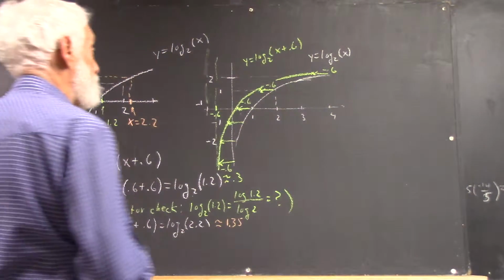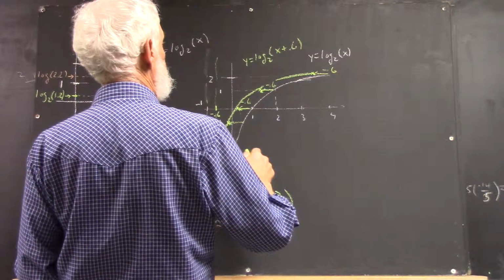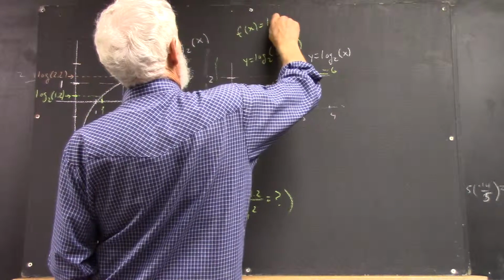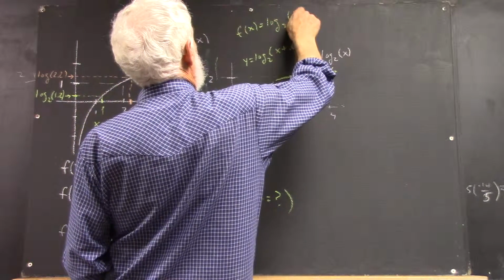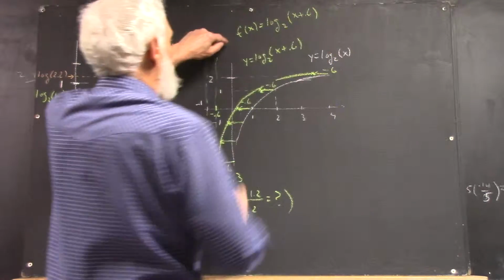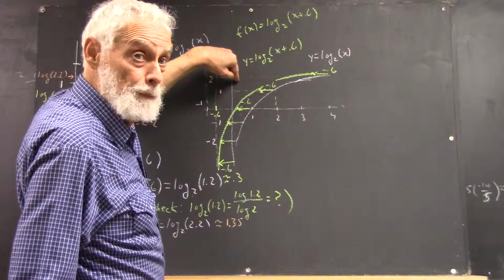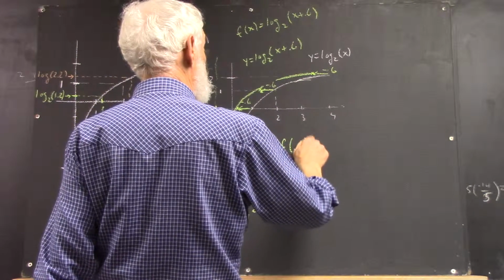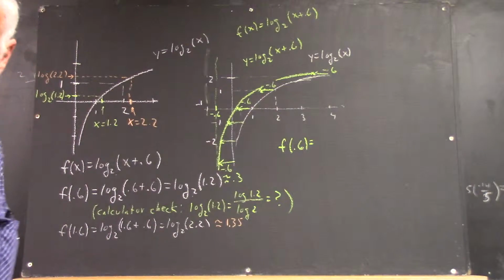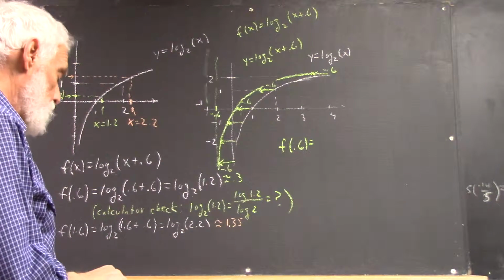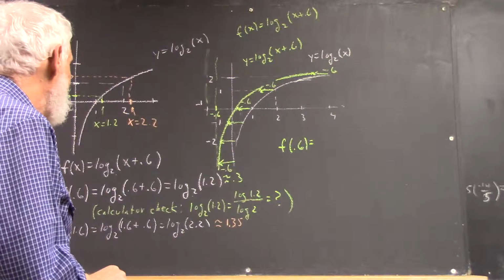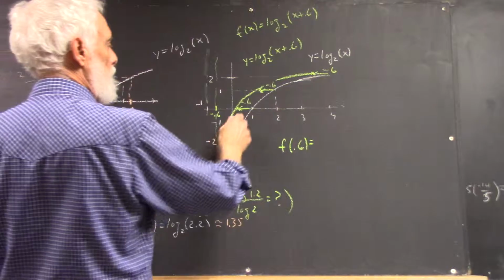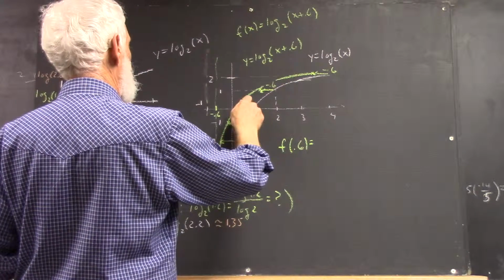Now if I want to rewrite my f of x function, there it is, right? So now if I want to get f of 0.6 equals what? Well, 0.6 is going to be about here.